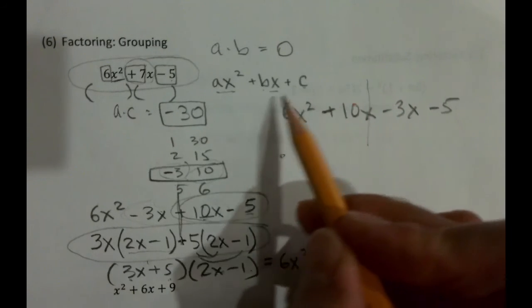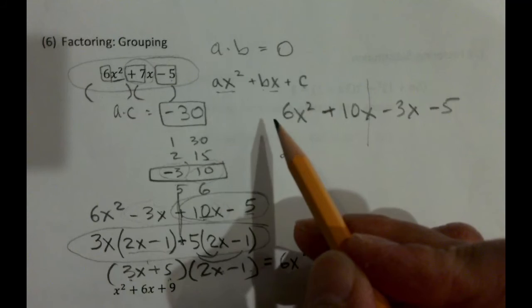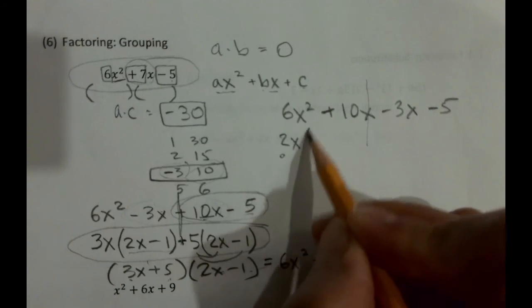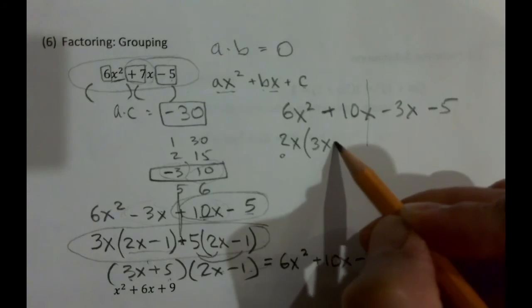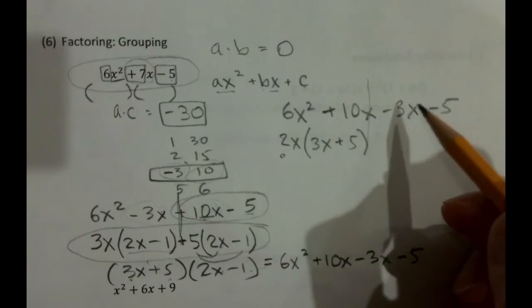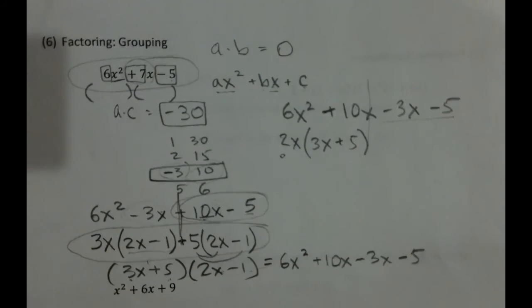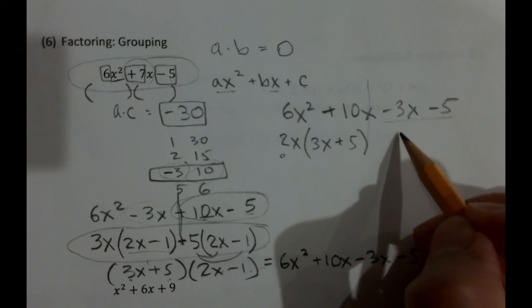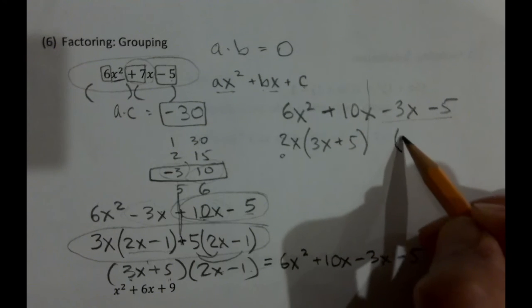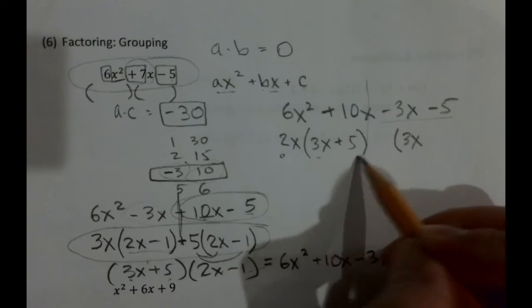Let's find the greatest common factor in here, which is 2x, and I'm left with 3x plus 5. And over here, really minus 1 is my common factor. We're going to end up with the same thing.